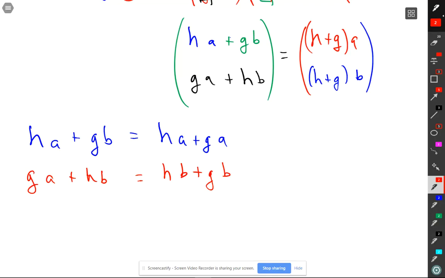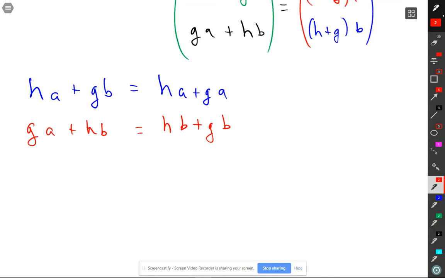Let's work our way through this. How would you solve for A? Take the blue equation, cancel out the HAs. Exactly.